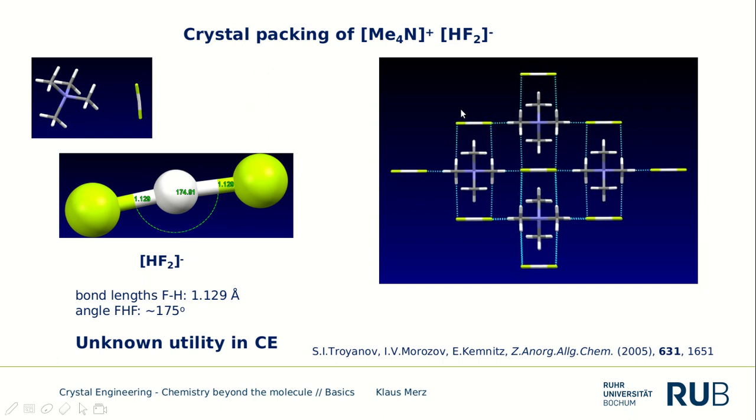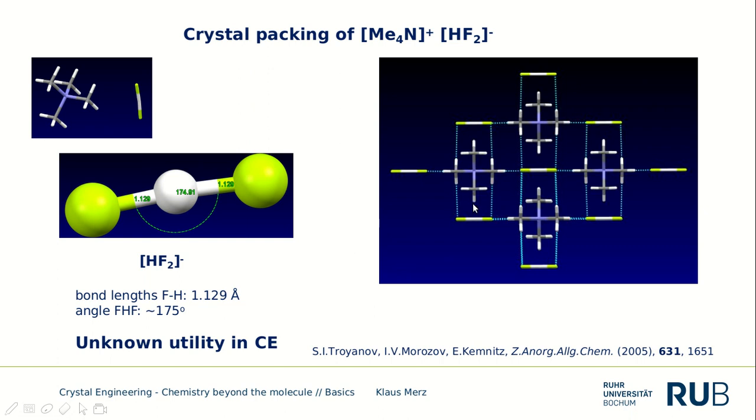Well, if you look at the crystal packing here, you see that this unit with this very strong hydrogen bond is isolated, you can say. There's no really significant, interesting intermolecular interaction to the counteranion, the countercation here. You can see very nicely that such compounds with such a strong hydrogen bond are not usable in crystal engineering.